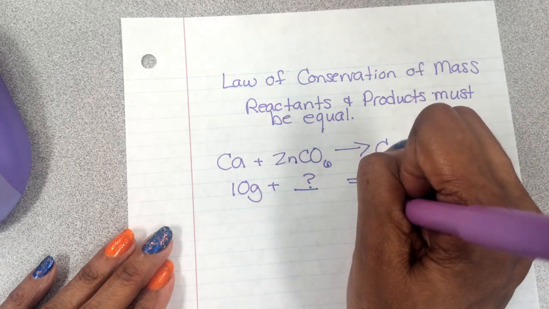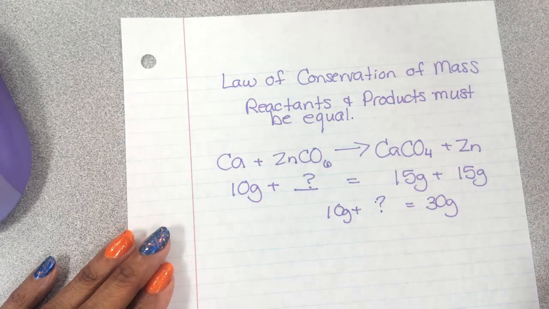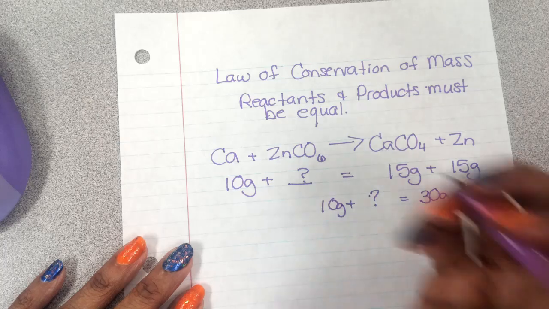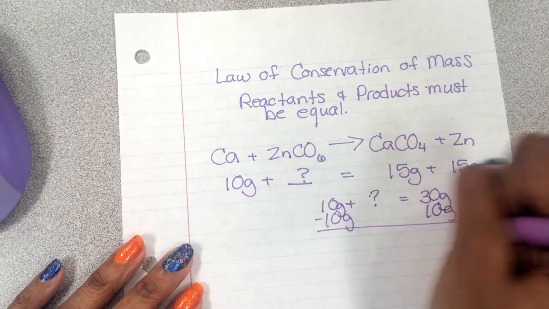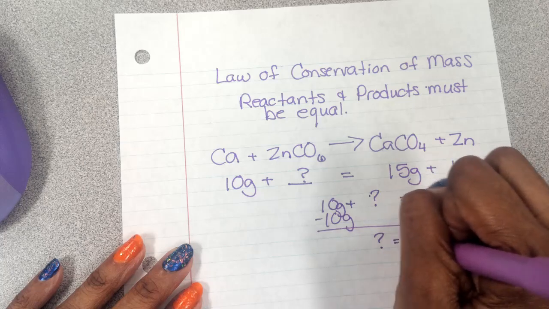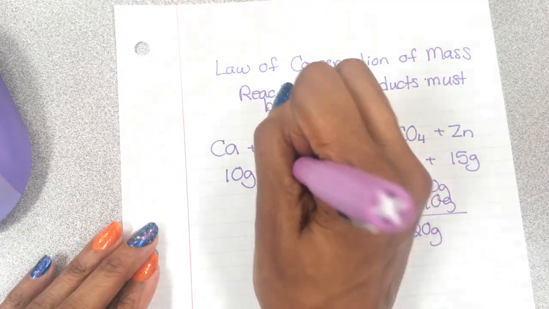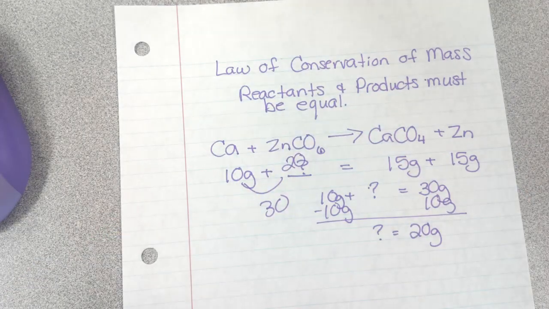This is my X plus 10. I want to know how much over here, because these have to be equal. So basically you just do math, subtract 10 from both sides, and my question mark is 20 grams. So if I put a 20 here, this is 30, this is 30, it's equal.